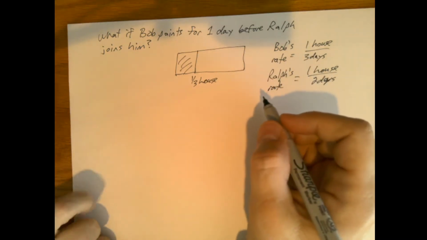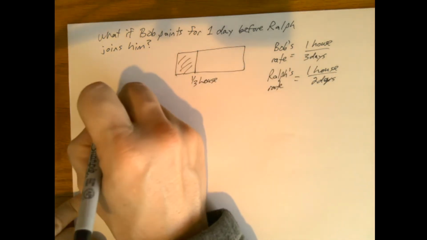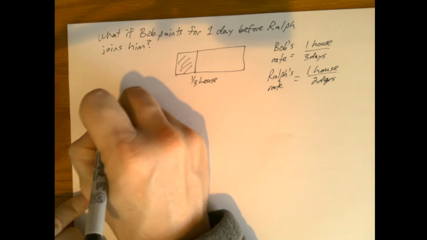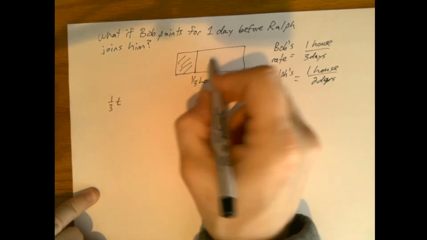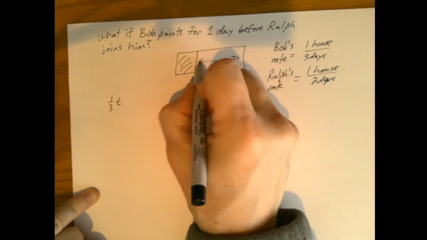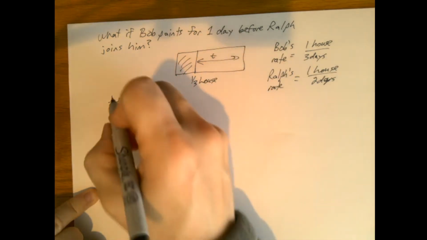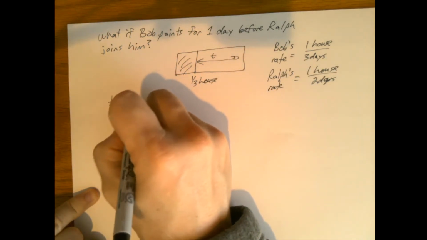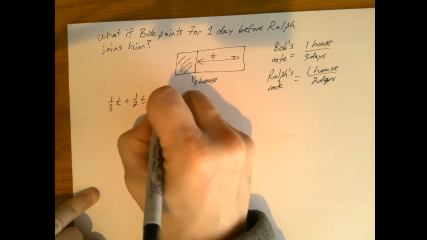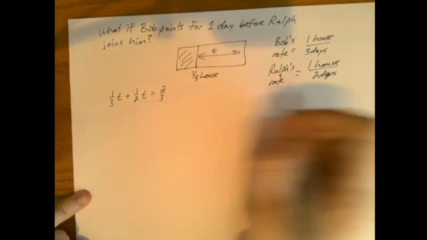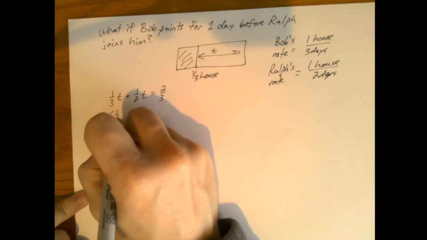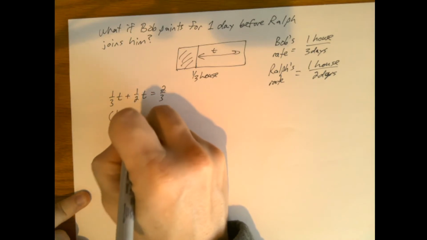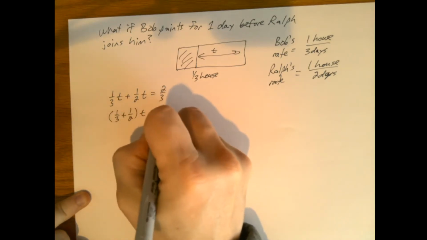So the problem is still basically what we had before. So 1/3 times the time spent, this will now be the time for this, okay? Plus 1/2 t equals 2/3 of a house. So like before, 1/3 plus 1/2 t equals 2/3.